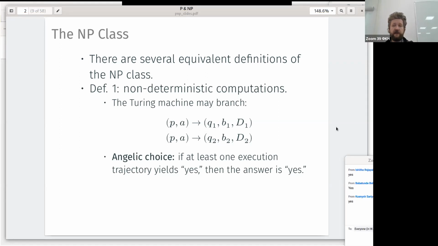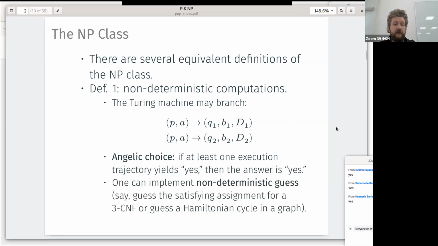For example, the problem of satisfiability is in NP, because you can implement a non-deterministic guess. How can you solve, for example, 3-CNF, or Hamiltonian cycle, or just SAT in NP? Well, you start with just branching, and guessing the answer.